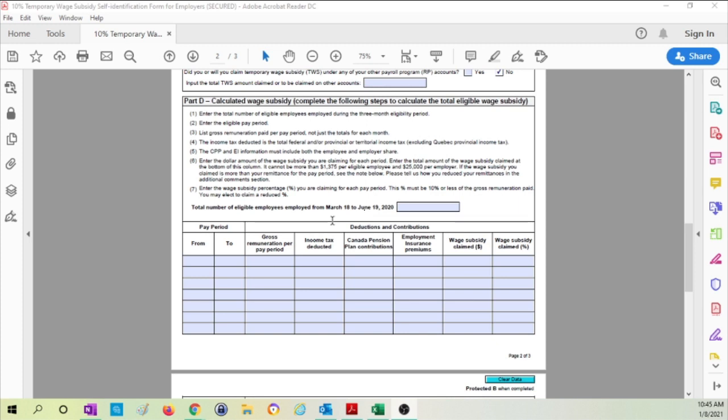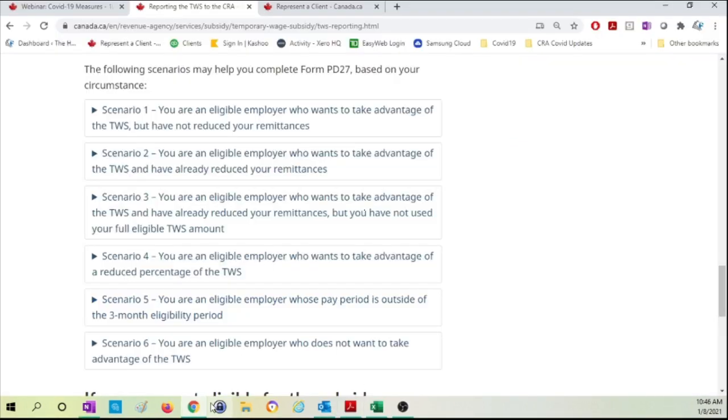So I did some searching, and I just wanted to share with everybody what I found, because there's a lot to look through. First of all, this form is to help CRA reconcile what you may have reduced your remittances by, what you may or may not have reduced your 75% CEWS, or the Canada Emergency Wage Subsidy, by, whether you have or haven't.